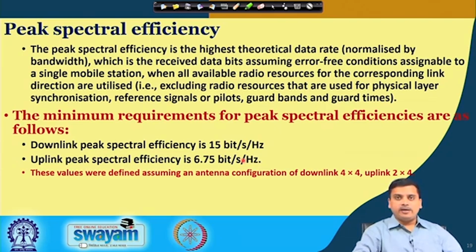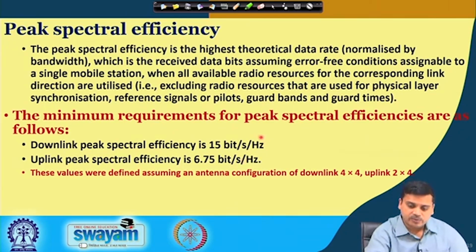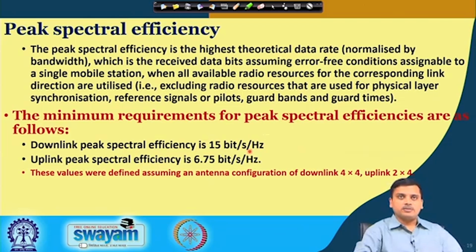To find out the rate if there was only one user in the system, and given the bandwidth, say 20 megahertz, if I multiply 15 by 20 into 10 to the power of 6 hertz, the hertz cancels out, and we get the maximum bits per second that is possible.